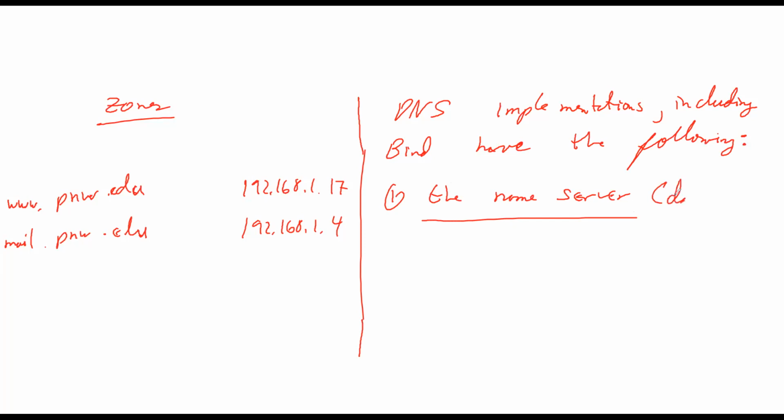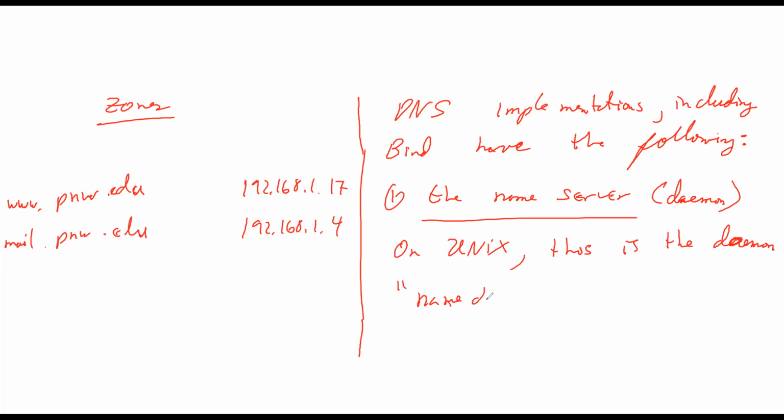We already defined what a daemon is. You should know what that is already, right? That's just some software, some code, firmware, whatever you want to call it. So on Unix, this is the daemon, and it's basically called named.